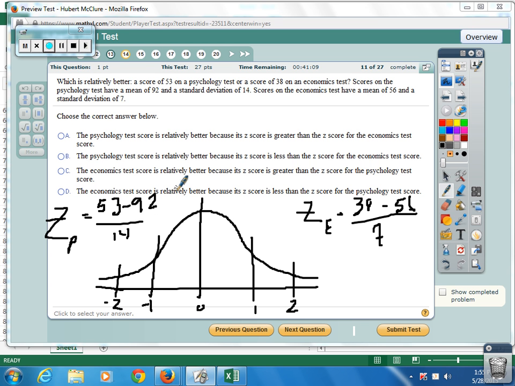So what's 53 minus 92? Negative 39. Okay, 39 divided by 14. What's that come out to be? Negative 2.7. So that's down here.